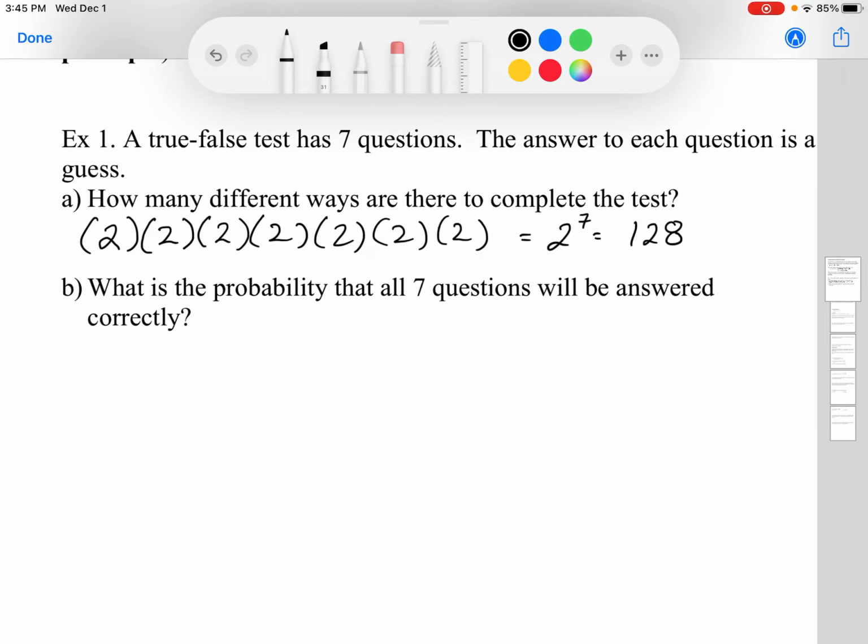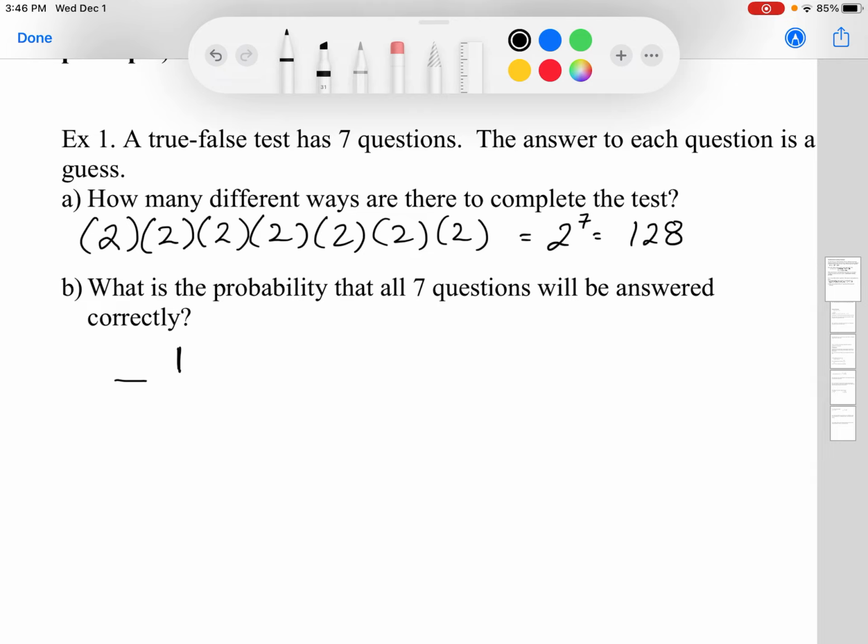We can also relate this to probability, because probability relates to the number of possibilities. So this 128 calculates the number of possibilities, but if we want all 7 questions to be answered correctly, there's only one way to do it.